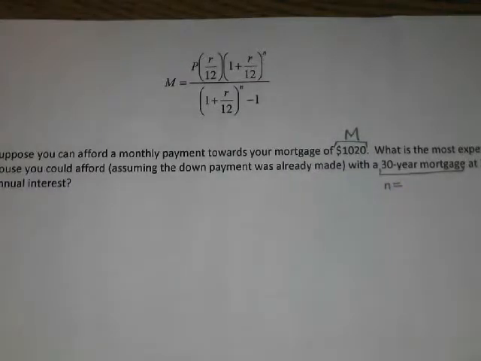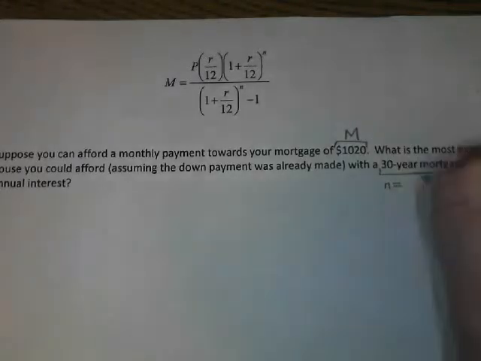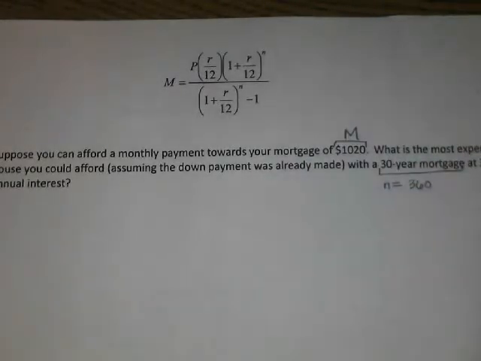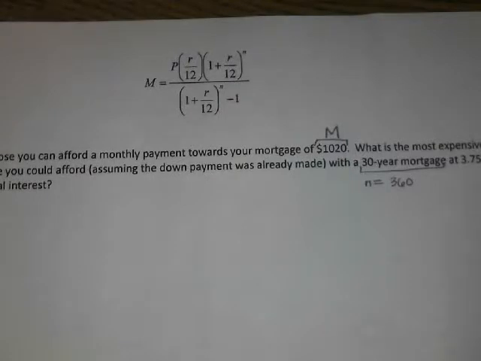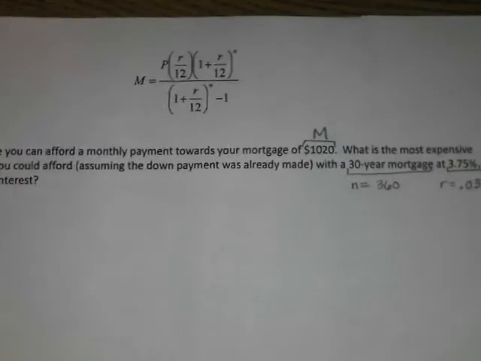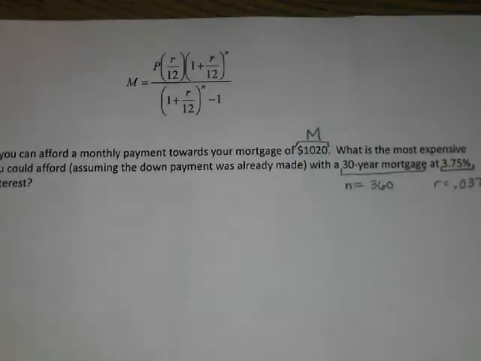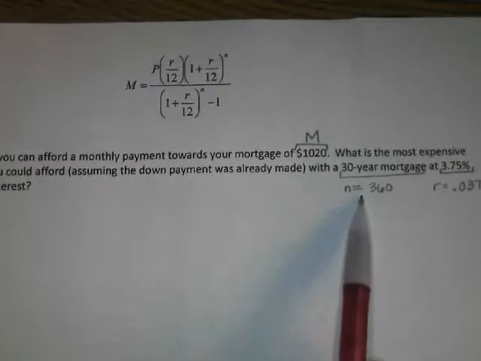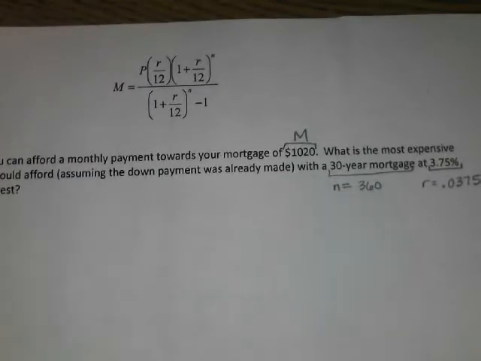Very good. 360. So N equals 360. 3.75%. That's an R of 0.0375. So that sentence packed in 2 pieces of information. The N, number of monthly payments, 30 times 12, is 360 monthly payments. Excellent. So now we go.